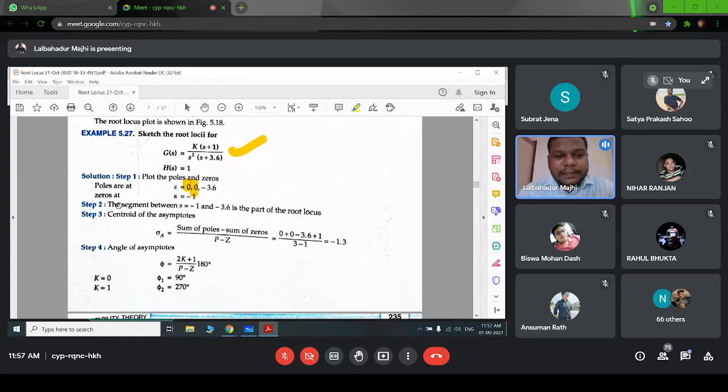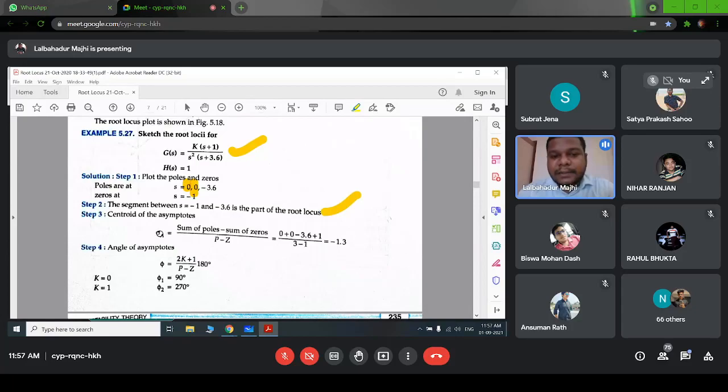So it is written here that the segment between s equal to -1 and -3.6 is part of the root locus. So we can see after this plotting. You don't have to even write this one. The next step is to determine the centroid of the asymptote.